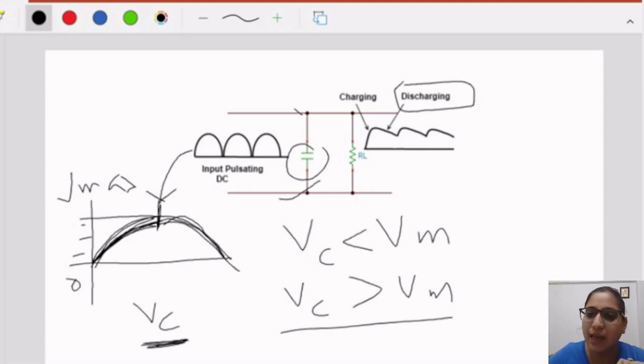So, the capacitor has two properties, charging and discharging. When the peak is going up to Vmax, the capacitor is charging. When Vmax is lowering down its peak, the capacitor is discharging. Due to the process of charging and discharging, the peak is maintained.